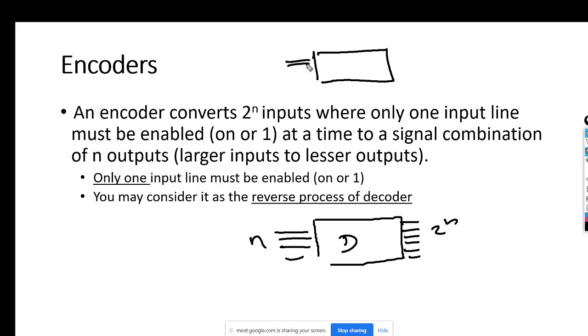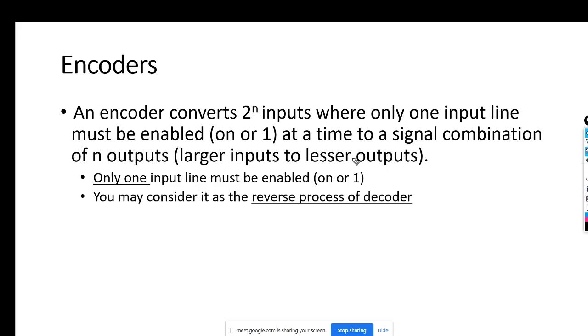Here we have 2 to the power n inputs, more inputs, and fewer outputs, that is n outputs. So there is a difference between an encoder and a decoder just by look and feel. Don't think that a decoder is exactly the opposite or reverse of an encoder, but it's something like that also. Right, so here there's a restriction again.